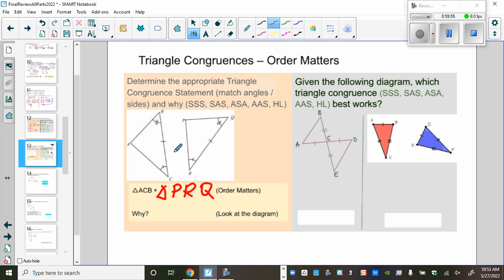Now, who could tell us, given the possible options, which one of those options tells us why these two angles are congruent? Look at what is marked. Who wants to take a guess? All right, I'll give. What would it be? Yeah, angle side angle? Why angle, side, angle?